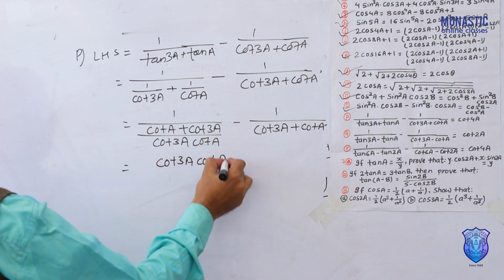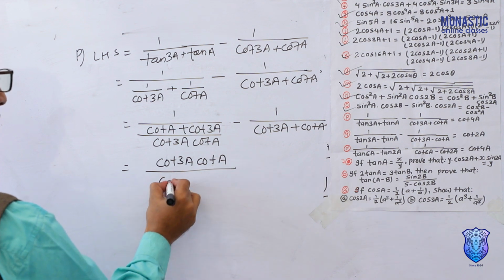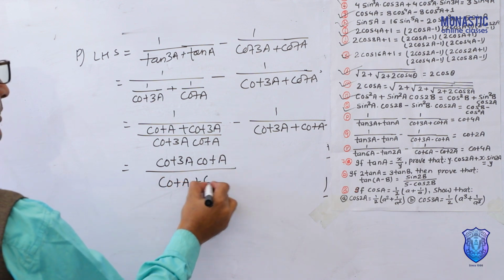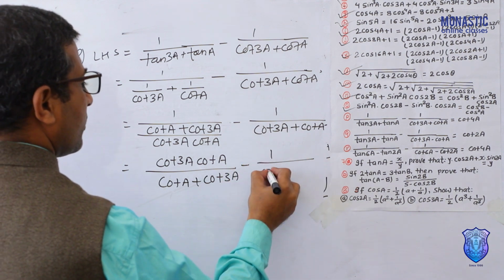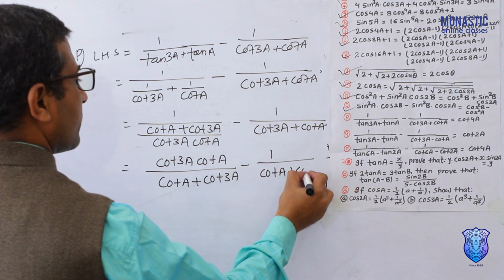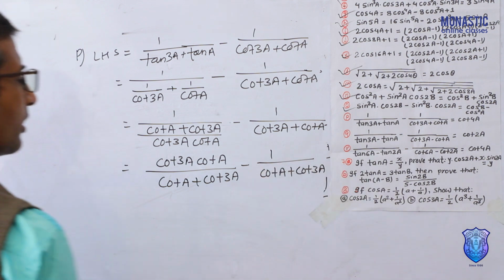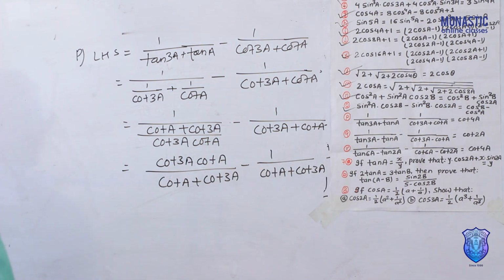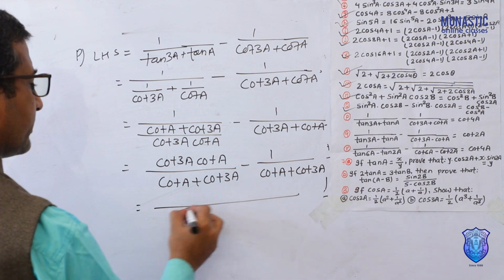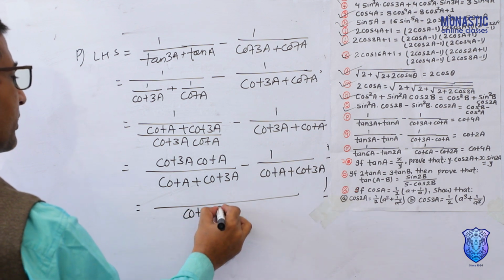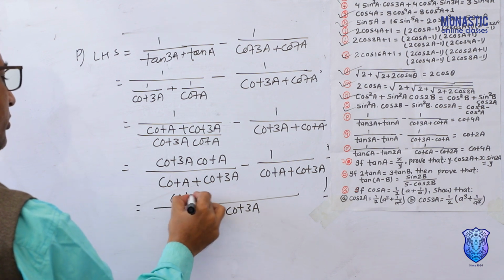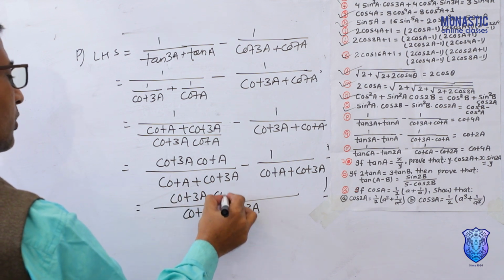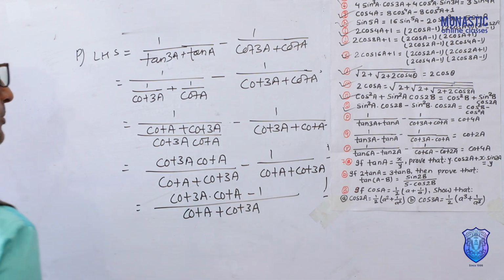It came cot 3a by cot a plus cot 3a minus 1 by cot a plus cot 3a. Both of them have same denominator, so in LCM we have cot a plus cot 3a, and in numerator it is cot 3a into cot a minus 1.